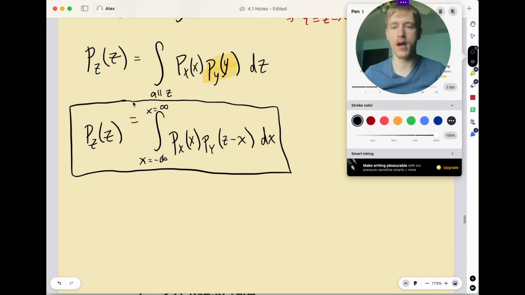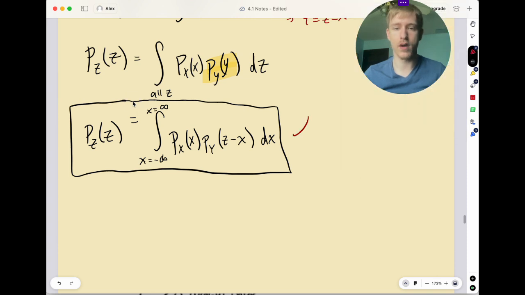So I do want to comment on a couple of things. From maybe differential equations, maybe you've seen something like this before. This is the same as the convolution, which is symbolized like this, evaluated at z.